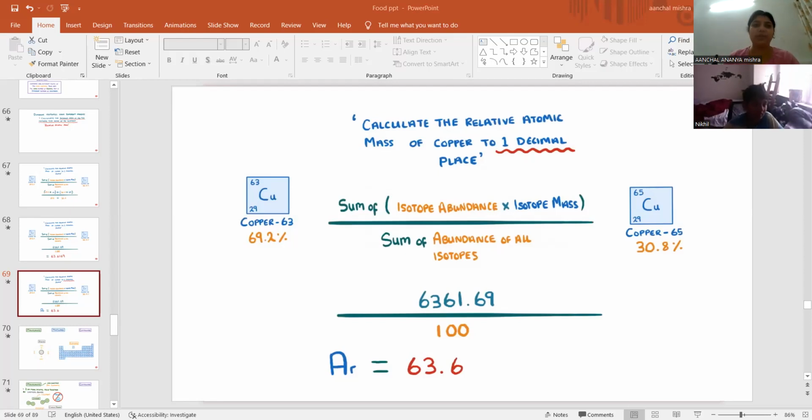You are asking me to put it in the formula form. I'm just asking you to write it like 63 Cu, 29, that copper. Okay. Just a minute. I'll write it on the whiteboard itself.